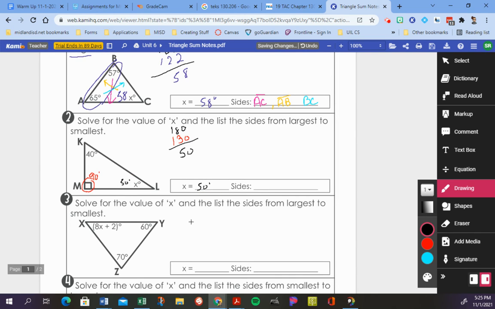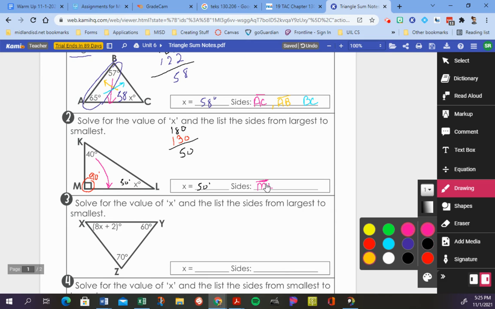And once again, we're going to start at the smallest angle. Smallest angle is 40 degrees. And the side opposite that is ML. Then we're going to go to the next one, 50 degrees. And the side opposite it is MK.